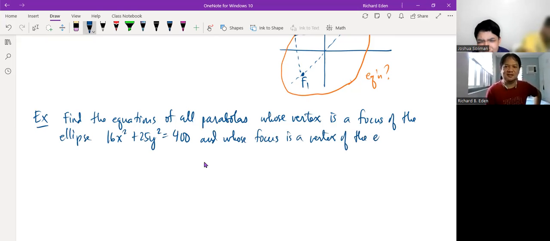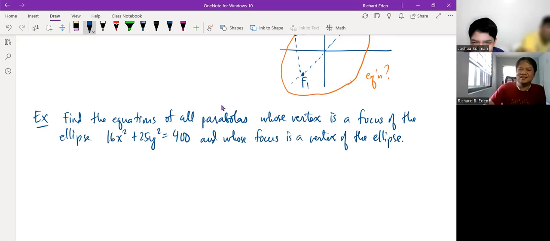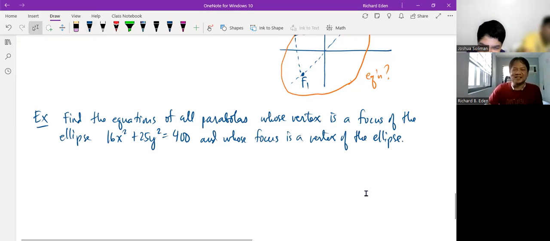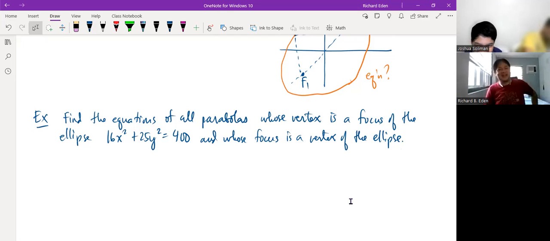Dapat yung pinaka-final problem po para talagang kung makakalculate na po, lahat po na every single topic po. Lalagyan din natin ng mga remainder of the polynomial when it's divided by x minus 7. May remainder theorem then. Alright, so find the equations of all parabolas whose vertex is a focus of the ellipse and whose focus is a vertex of the ellipse.